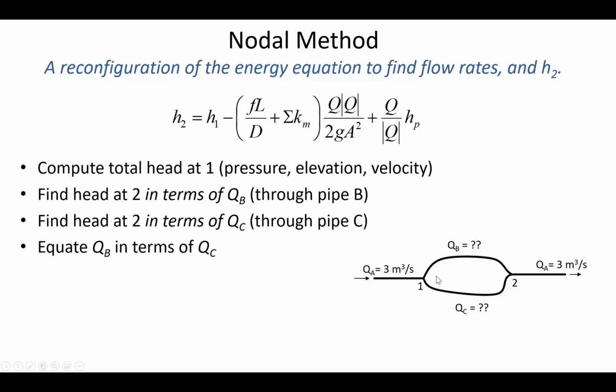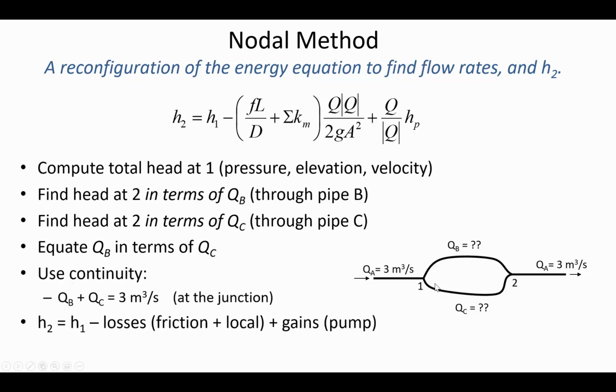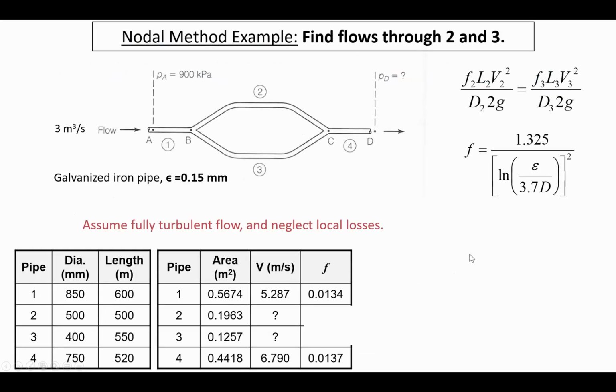But even if we don't know the pressure at 1, we could still find out how much flow is going through B versus how much is going through C, just by knowing the characteristics of the pipe, like its length and diameter and friction factor and so on. But the head at 2 is going to be how much head there was at 1 minus the losses. And if there was a pump in between, then there could be gains as well.